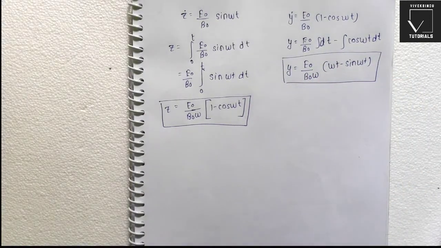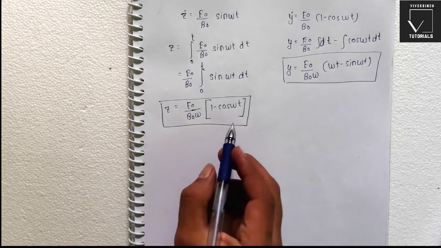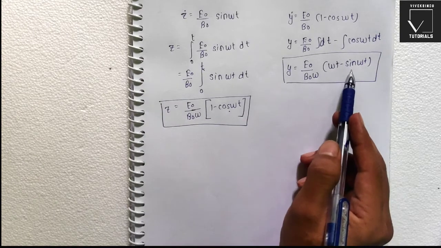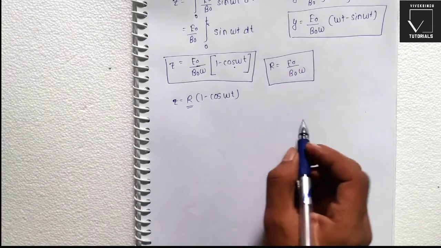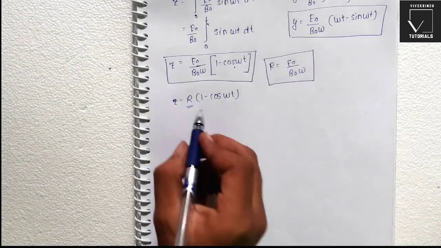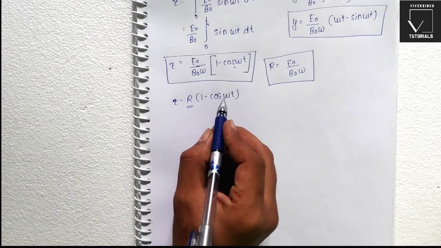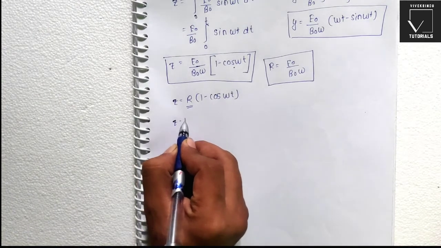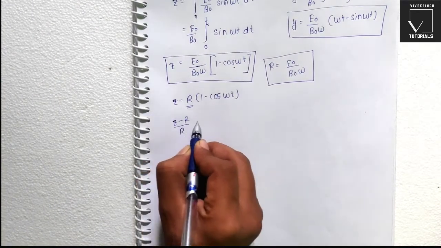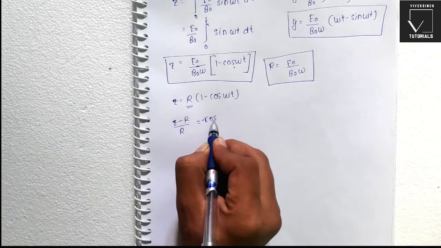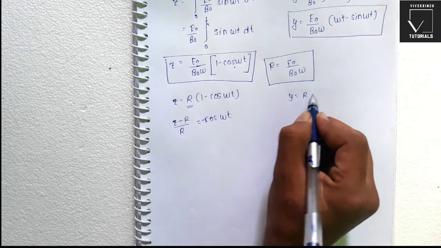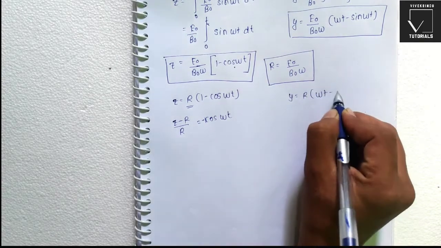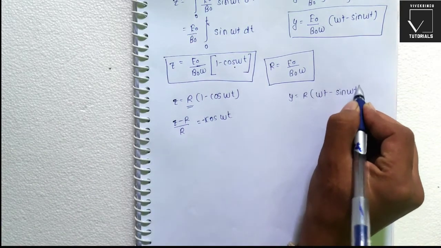So we have to combine both equations to calculate the equation of trajectory. For that, let's arrange these equations for cos omega t and sin omega t. Let's put r is equal to E0 upon B0 omega to simplify the equation, and we get z is equal to r (1 minus cos omega t). Therefore (z minus r) upon r is equal to minus cos omega t, and for y we have y is equal to r (omega t minus sin omega t).